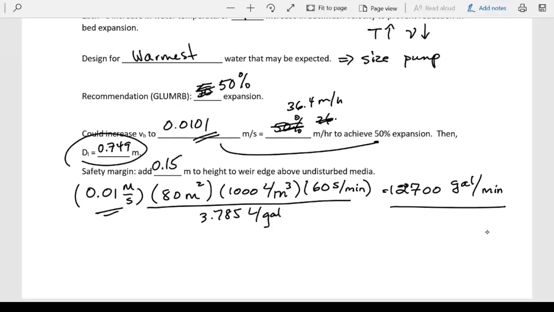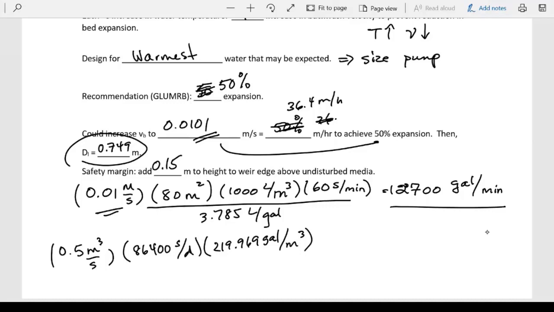And then just to give you a sense of how much water this corresponds to, that 0.5 cubic meters per second, if we calculate how much water we treat in gallons per day, that is 9.5 times 10 to the 6 gallons per day.